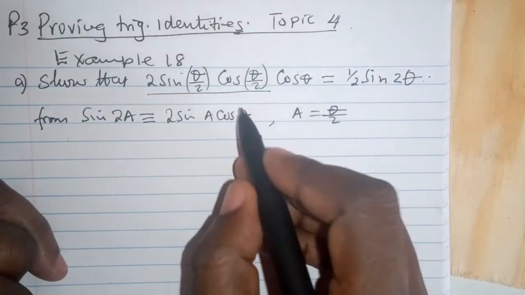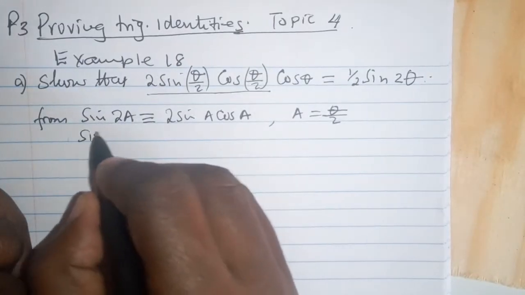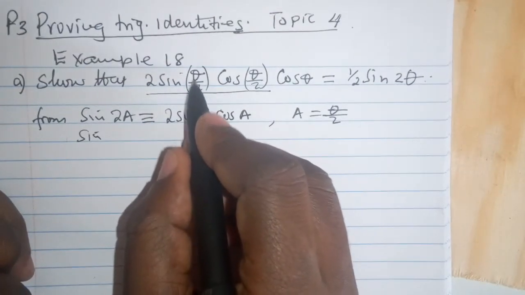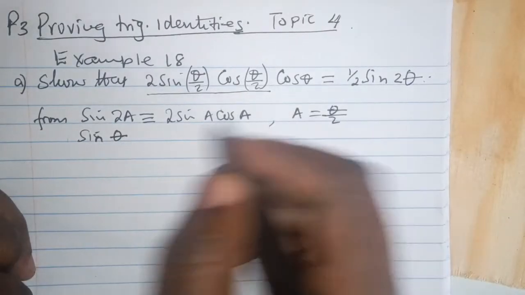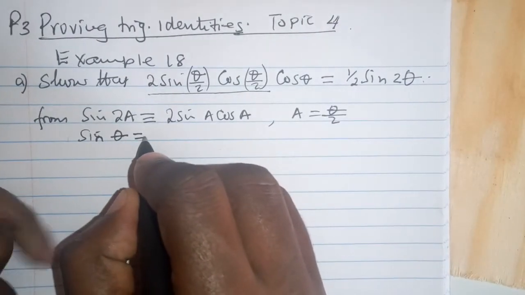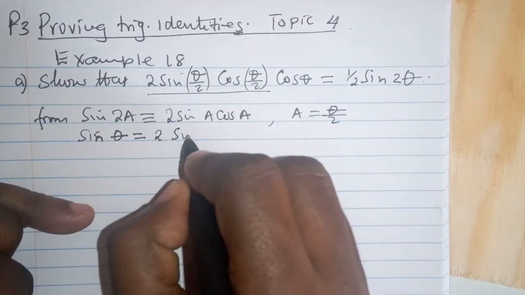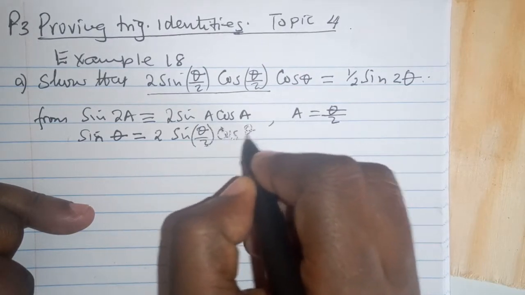From this, we can simply say that sine 2 times A, which is theta over 2 times 2, which is sine theta, is equal to 2 sine theta over 2 cosine theta over 2.